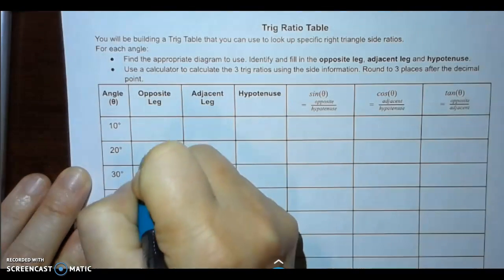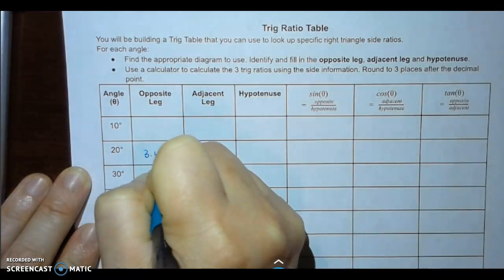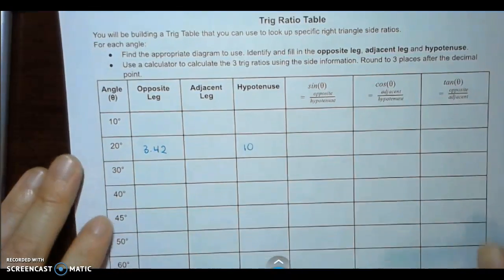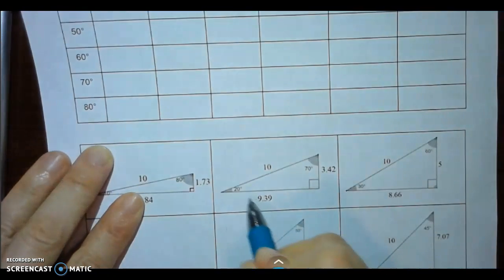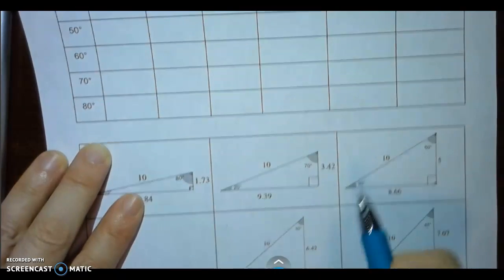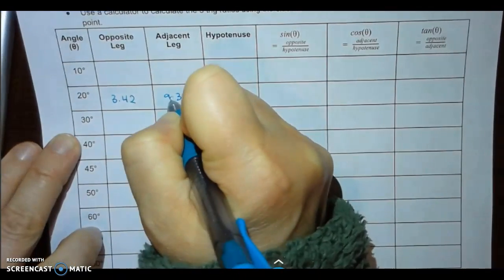So I am going to find my 20 degrees. The opposite leg is 3.42, and the hypotenuse I said was 10. And then the other leg, adjacent, is the one next to the 20 degrees. That's 9.39.